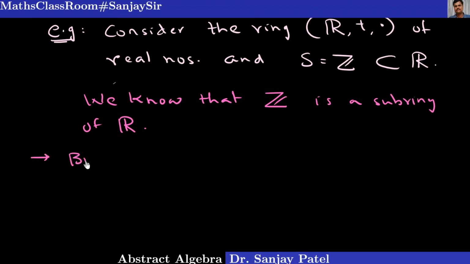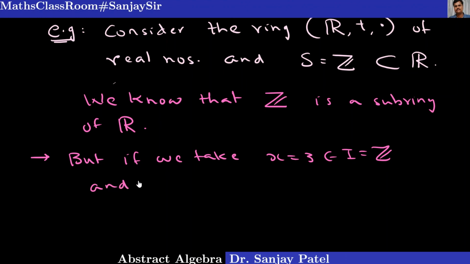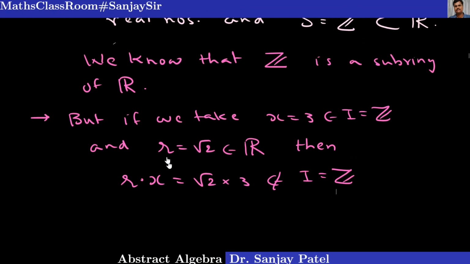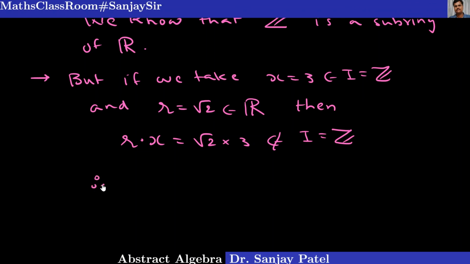This set Z is not an ideal. Why? If you take one element, say x equal to 3, belonging to this set I equal to Z, and if I take r equal to root 2, belonging to the set R, then r times x, that is root 2 times 3, is not a member of I, that is the set Z. So Z is a subring of R, but not an ideal in R. Okay, so an ideal is always a subring, but a subring need not be an ideal.